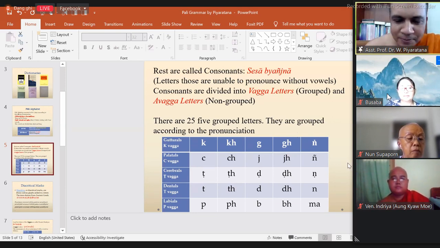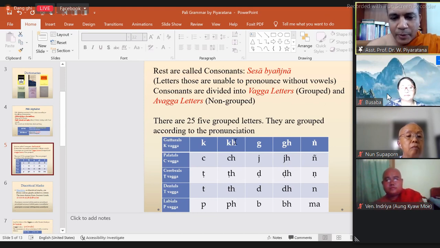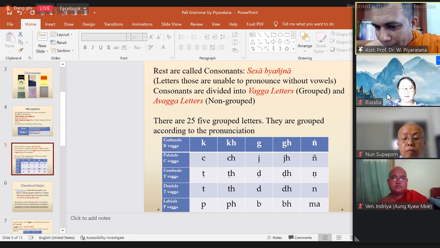Could you repeat the second line? Kha, chha, tha, tha, pha. And what do you call that row? What's the name of that row?